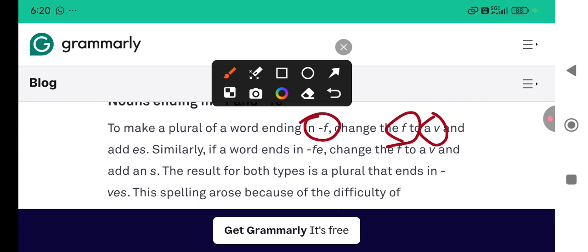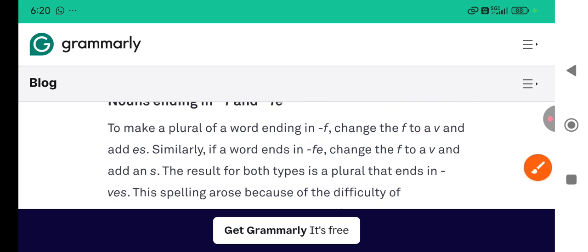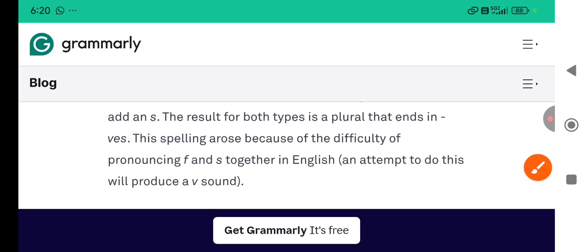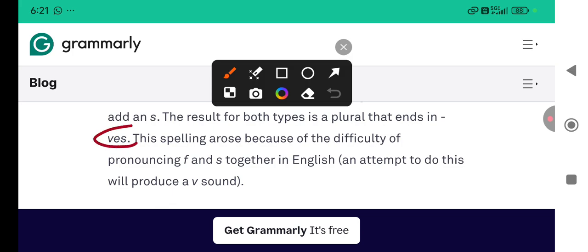Similarly, if a word ends with fe, change the f into v and add s. The result for both types is a plural that ends in VES. This spelling arose because of the difficulty of pronouncing F and S together in English.